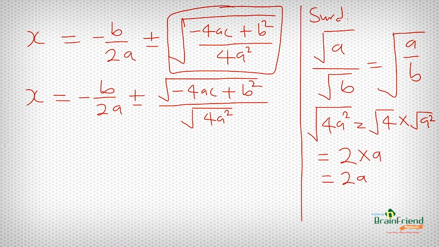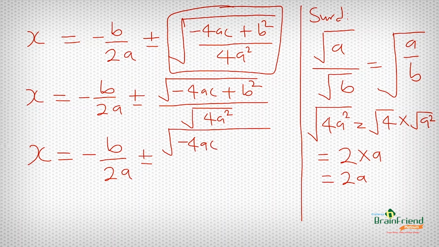So, substituting this back into the equation, we would have x equal to minus b over 2a plus or minus square root of minus 4ac plus b squared all over 2a. So going on, we'll rearrange what we have in the square root.